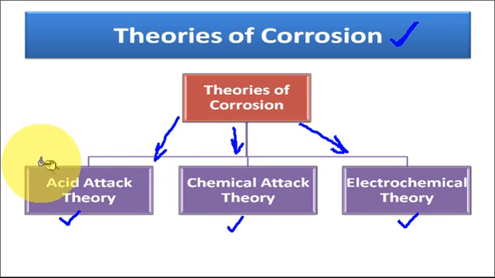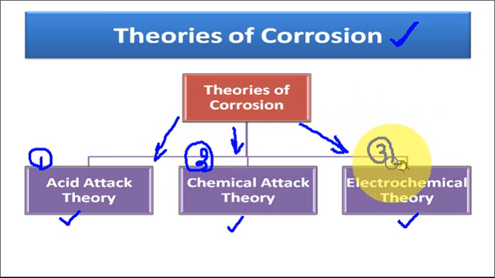The acid attack theory is the primitive theory given to explain the corrosion phenomenon in presence of moisture, while the chemical attack theory is the second theory given for the explanation of corrosion in absence of moisture, while the third theory, the electrochemical theory, is the most advanced theory given for the explanation of corrosion both in presence of moisture and in absence of moisture.